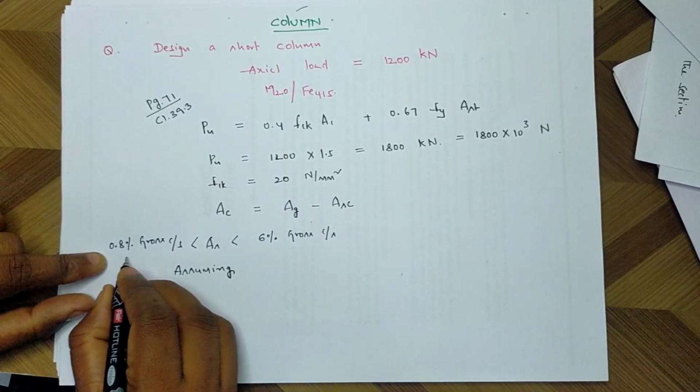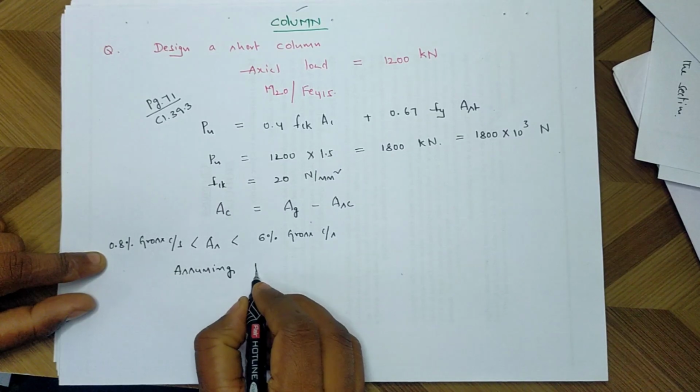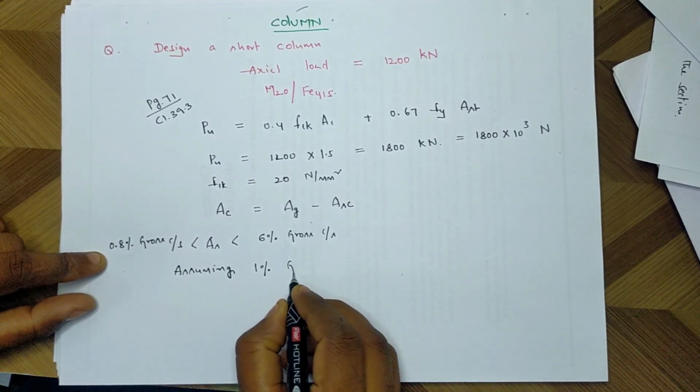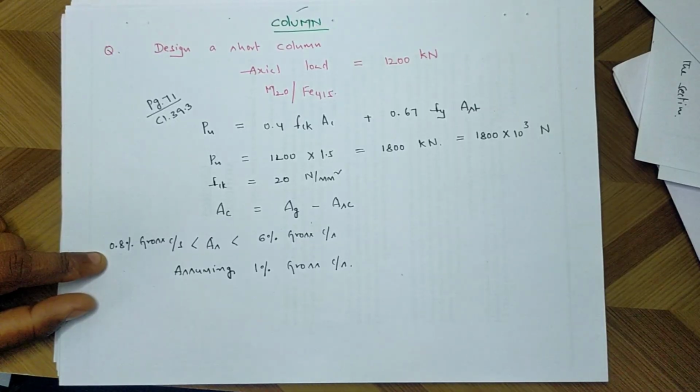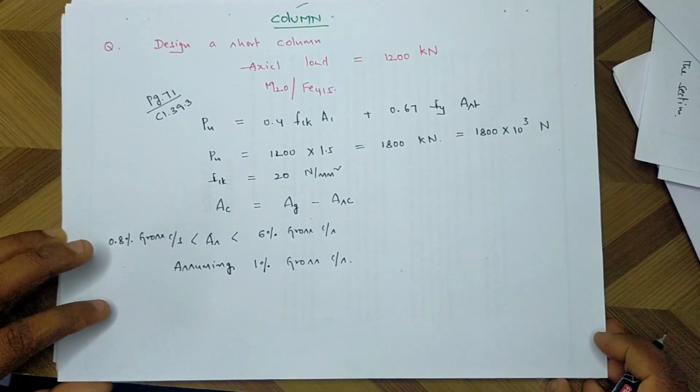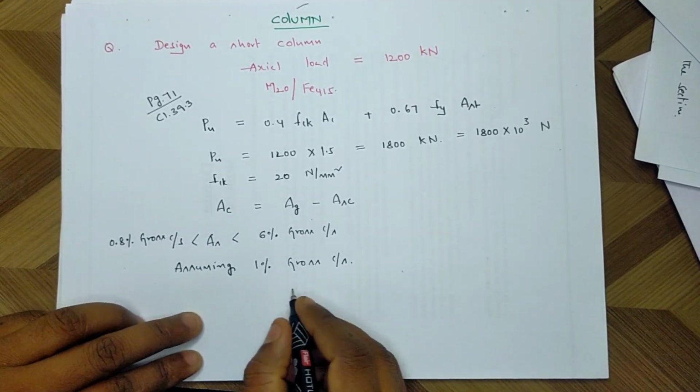At least we need to use 0.8%, so I am assuming 1% of gross cross-sectional area.